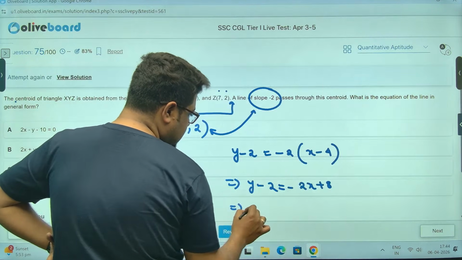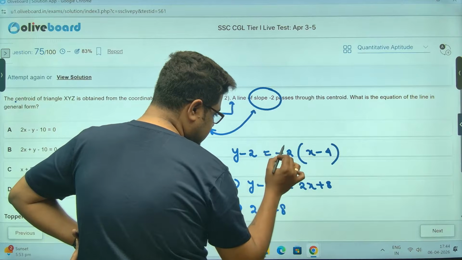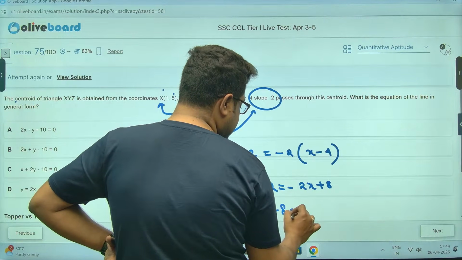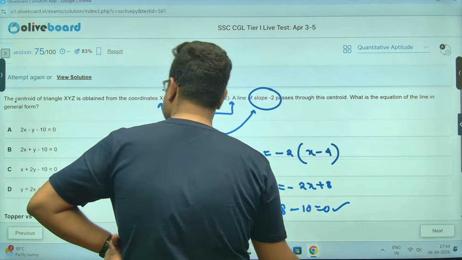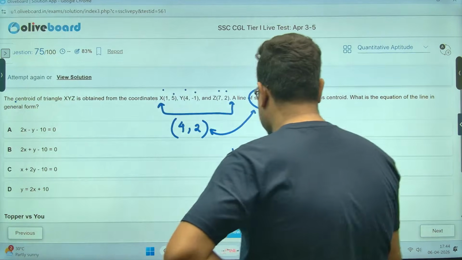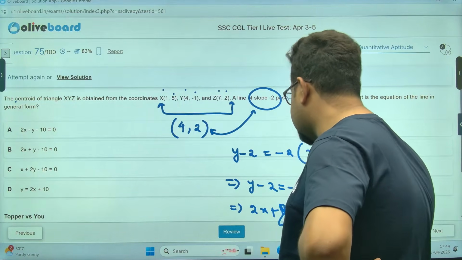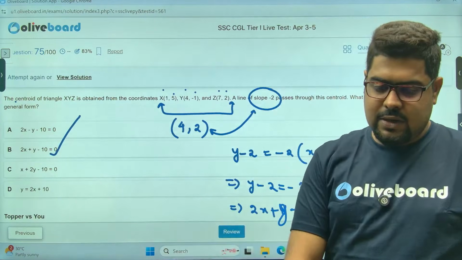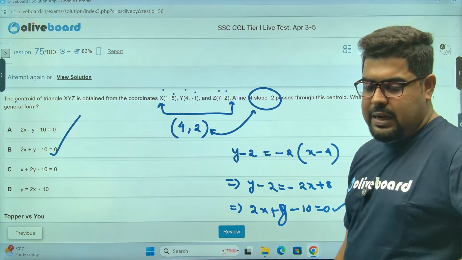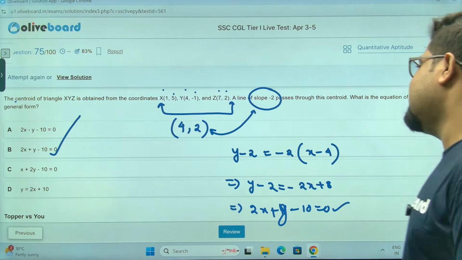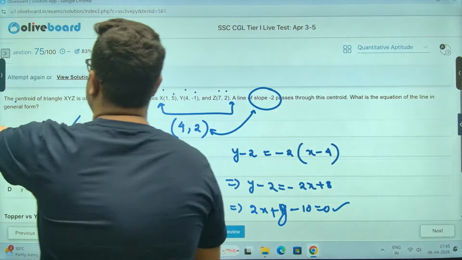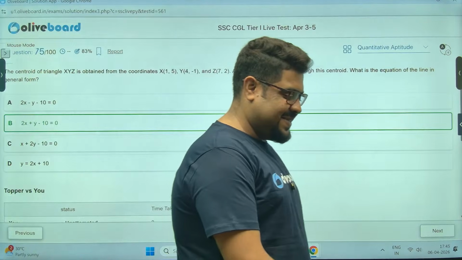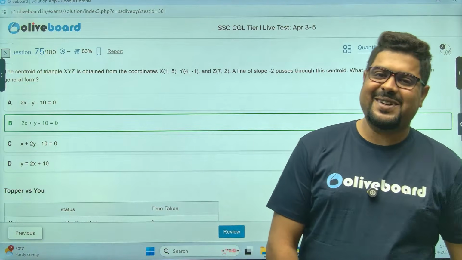So again, 2x plus y, sorry, plus y is equal to 10, or minus 10 equal to 0, whatever it is. 2x plus y, this is minus 10. So option number B is the correct answer. Option number B undoubtedly is your correct answer. And that ends our program for the day. That ends our class for the day.